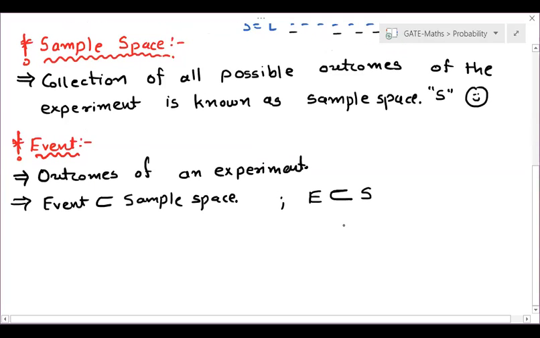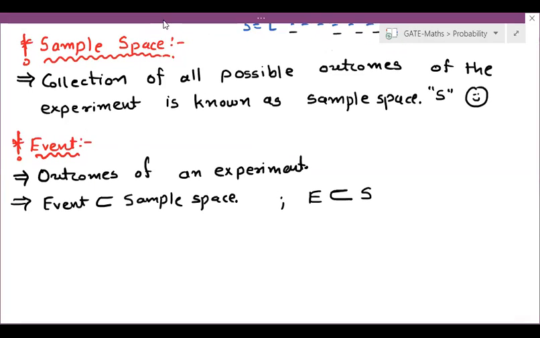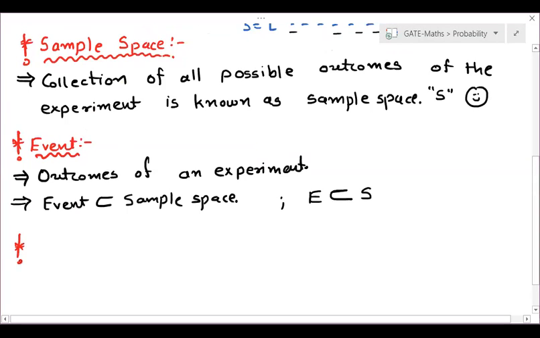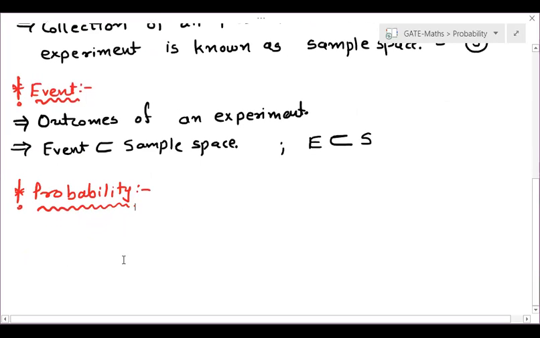Okay. Now probability. Now, if you know what is random experiment, what is sample space, what is event, then you can define probability of any event. Okay. So probability of the event is defined as the ratio between the favorable cases to the event divided by the number of outcomes of the experiment.